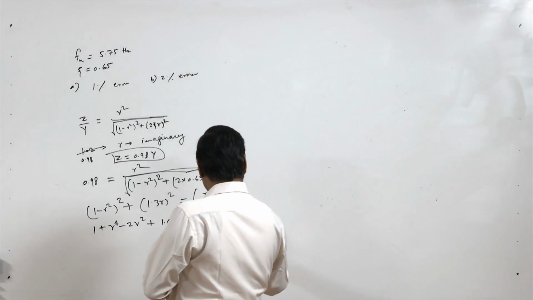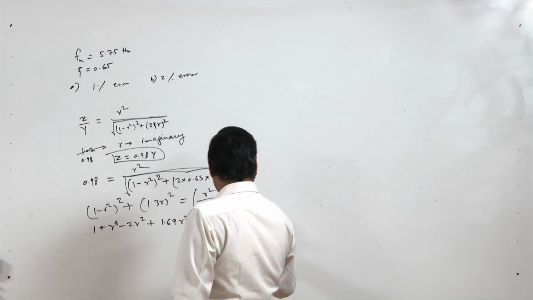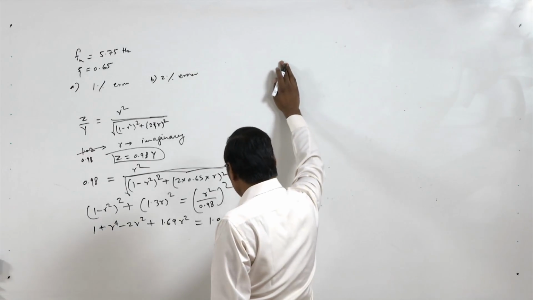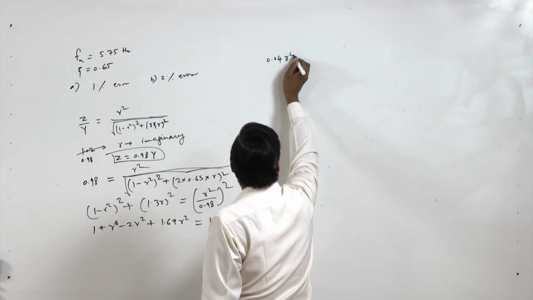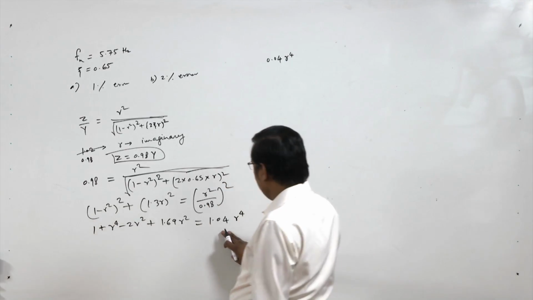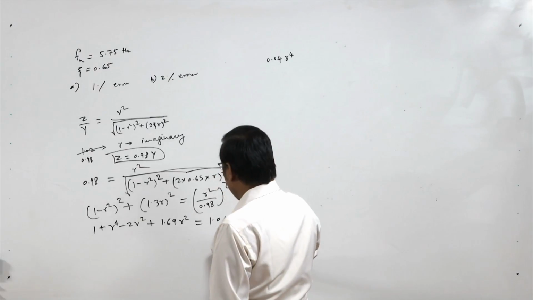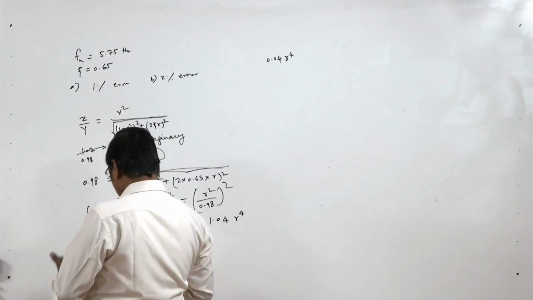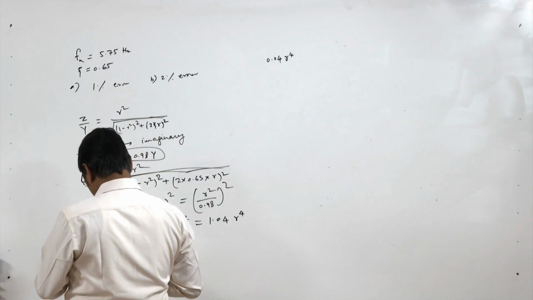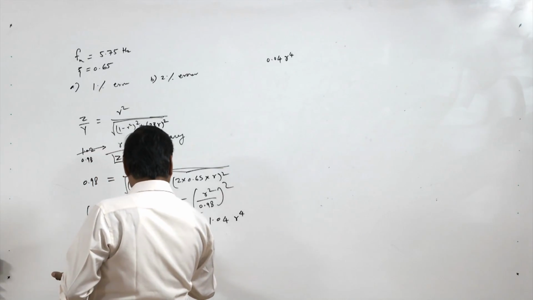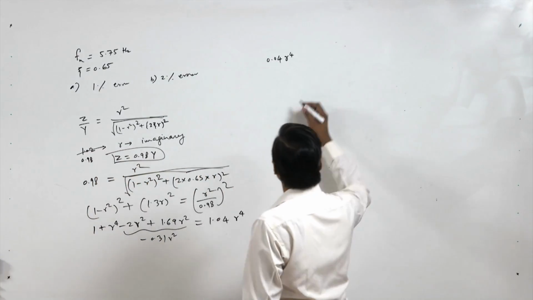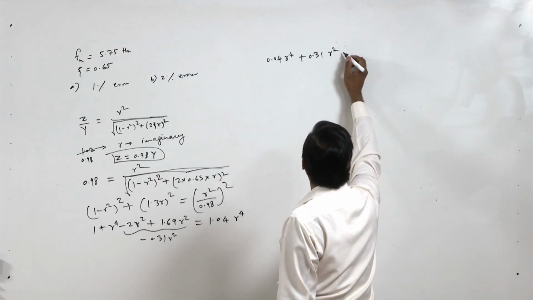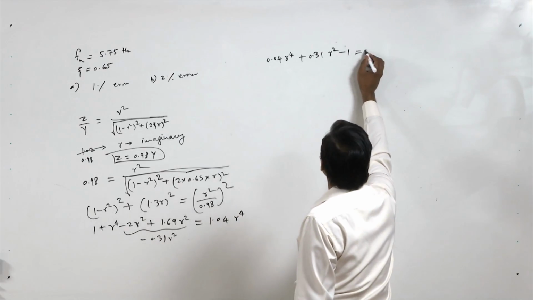So it is 1.04 r power 4. So we can write 0.04 r power 4, and minus 0.31 r square. Taking the other side, it is plus 0.31 r square and then minus 1 equal to 0.